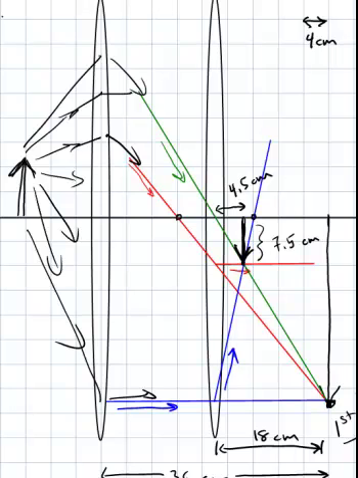But on its way there, it hit a lens, a second lens. And so as it came in, it got diverted again. And it all ended up forming an image over here, 4.5 centimeters to the right of the second lens.